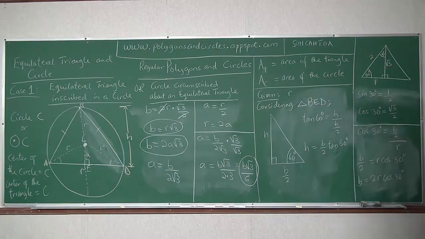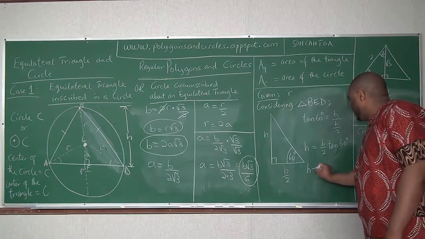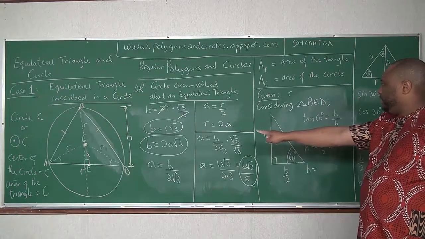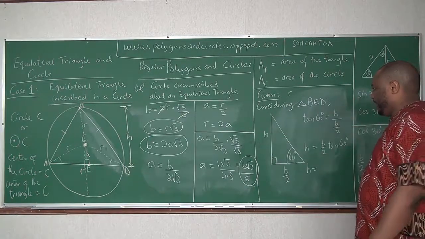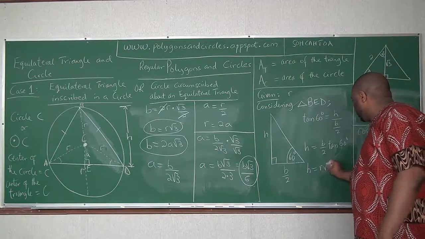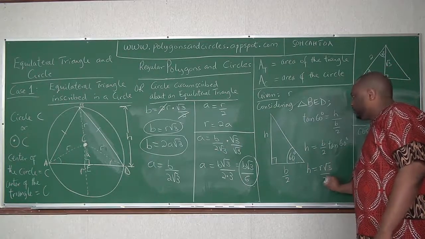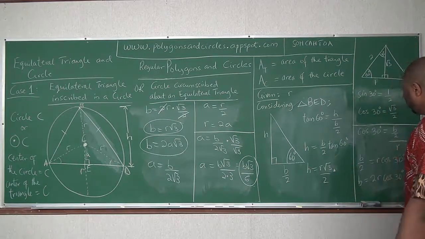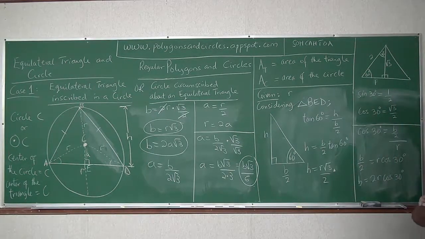Our b is r root 3, so r root 3 all over 2, then times tan 60 degrees.